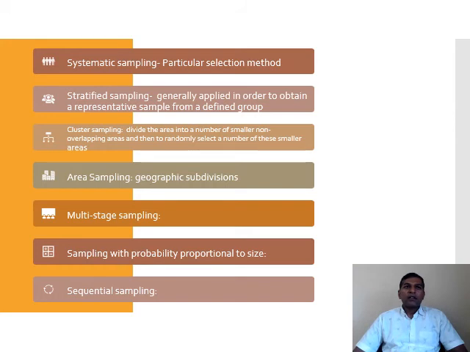Then stratified sampling. So this particular sampling is done with the help of groups. First of all, when the data is made available, different groups are generated, and these groups have some particular characteristics.